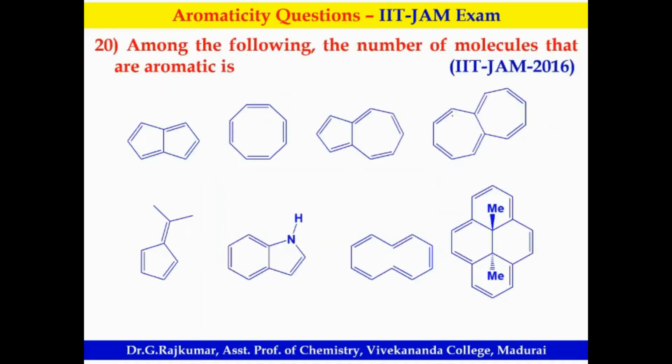Among the following, the number of molecules that are aromatic. JAM 2016. So numerical answer type. All the molecules given were already discussed in our session. 3, sir.